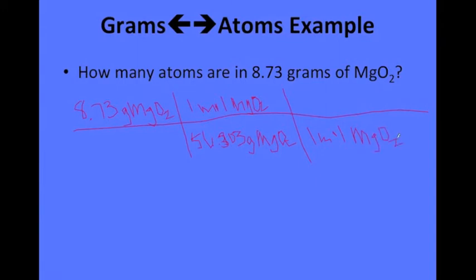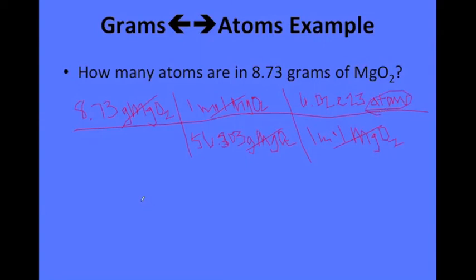You then use Avogadro's number, so 6.02 e to the 23rd atoms of MgO2. Then you get to cross out your units, so you have grams of MgO2 and grams of MgO2, then moles of MgO2 and moles of MgO2, and you're left with atoms, which is what you're looking for.